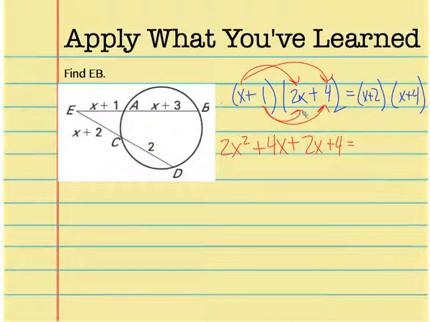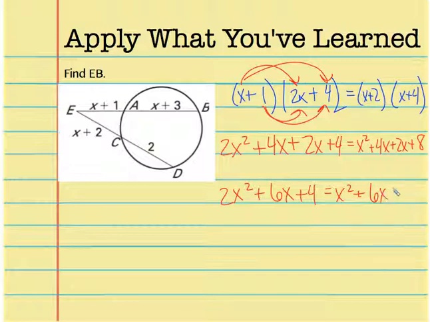That's what I get when I FOIL this side. Now I'm going to run out of room. Okay, so we have x squared plus 4x plus 2x plus 8 when I FOIL this side. So 2x squared plus 6x plus 4 equals x squared plus 6x plus 8.